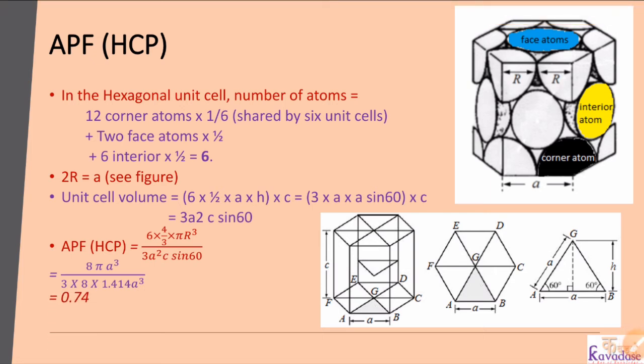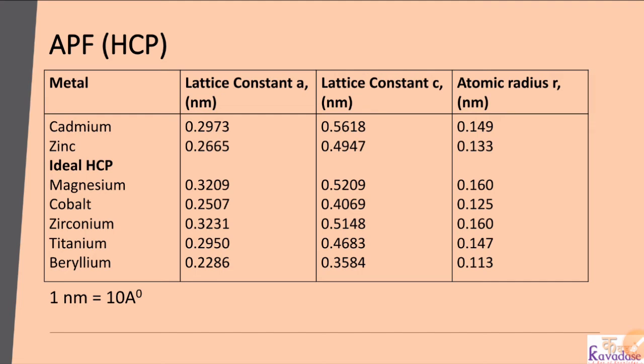If you remember, the APF for FCC is 0.74 and the HCP APF is 0.74, which means the atomic packing factor for FCC and HCP is 74%, and APF for BCC is 68%.